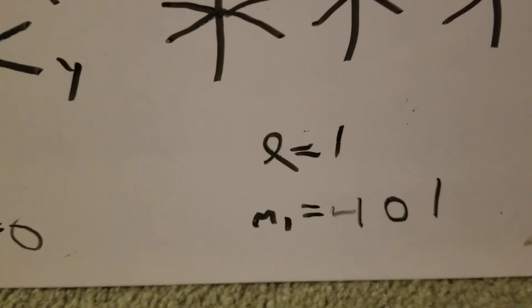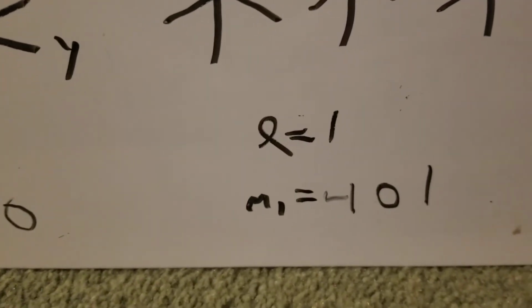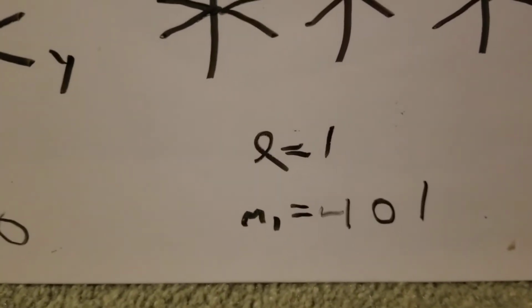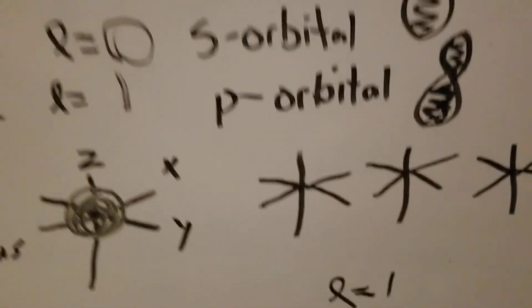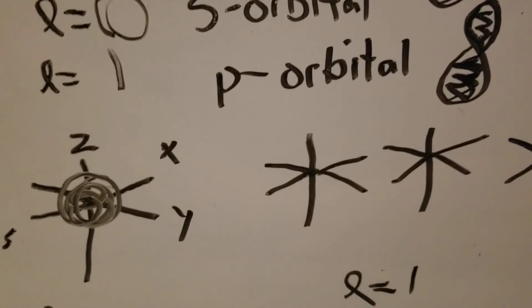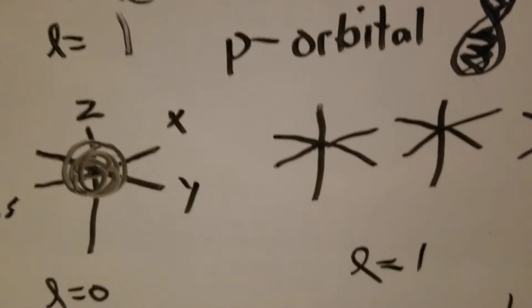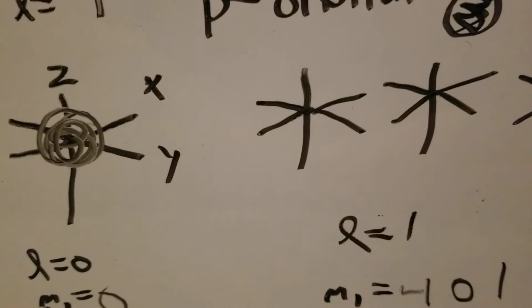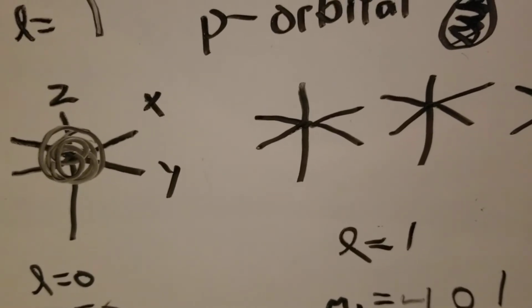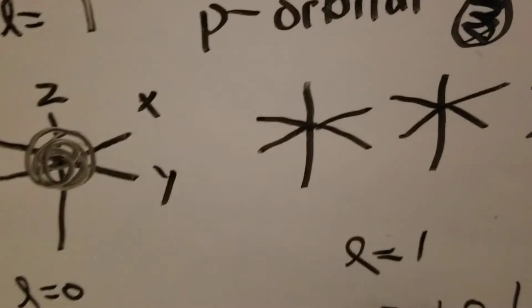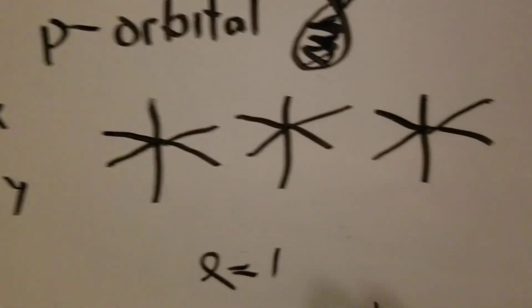So that means we have three distinct orientations that those orbitals can be around the nucleus. In order to envision this, we have to remember that if L equals 1, we are talking about p orbitals, or our dumbbell-shaped orbitals. And we have three different ways we can orient these.